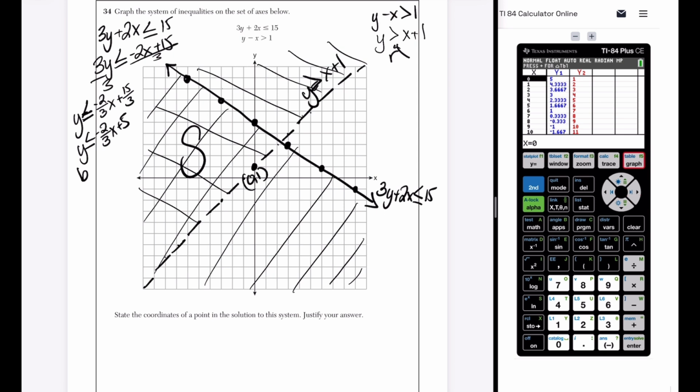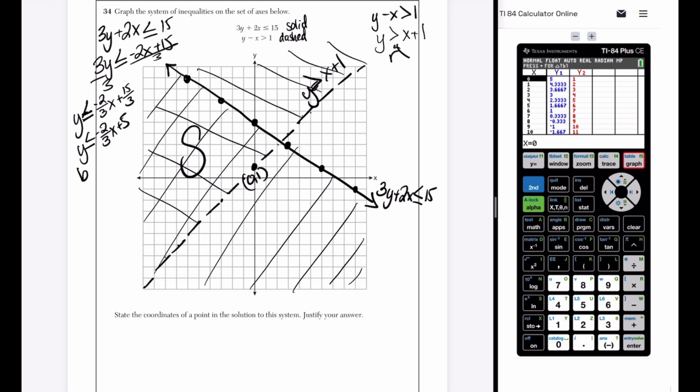Okay, and that's it. So I've graphed it and I have my solution set in there. I have my points. I made sure that this one was dotted, was dashed, and this one was solid. And because my pen doesn't have an eraser, and when I do an iPad, I had to kind of erase it and put it in there so you can see it together. But I have it in there.